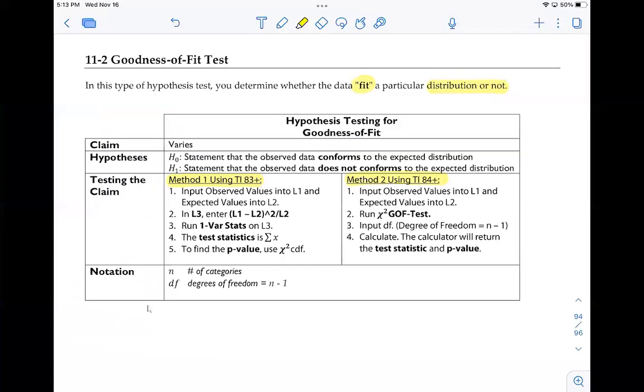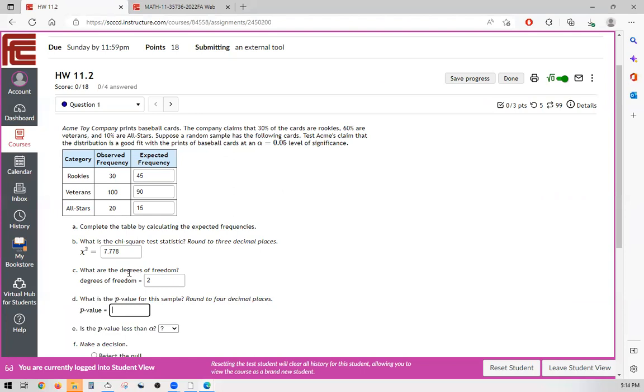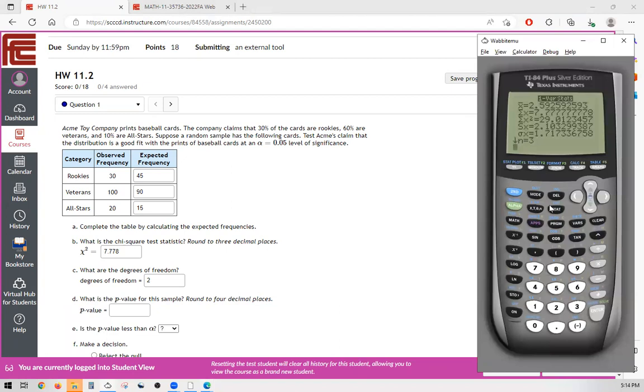For the p-value, the way we're going to find it is we're going to use a function called chi-squared CDF. Take note of the test statistic as well, we're going to need that. The test statistic we found was 7.778. So to get to the chi-square CDF, we're going to press second VARS, and then it's function number 8. The lower is our test statistic, 7.778.